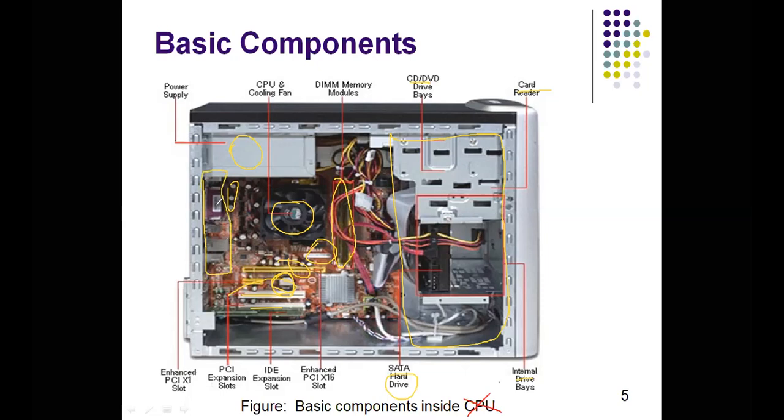So many ports you have here. And on the front side you will get a number of USB ports, audio in, audio out, different types of ports. So I think now you have some idea what we have inside this computer casing.